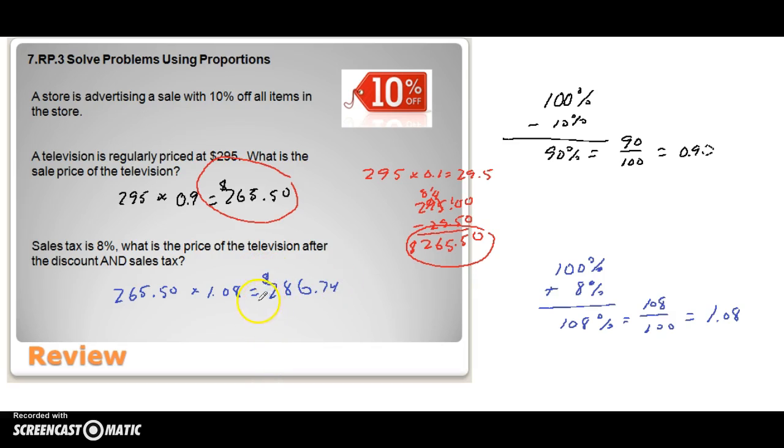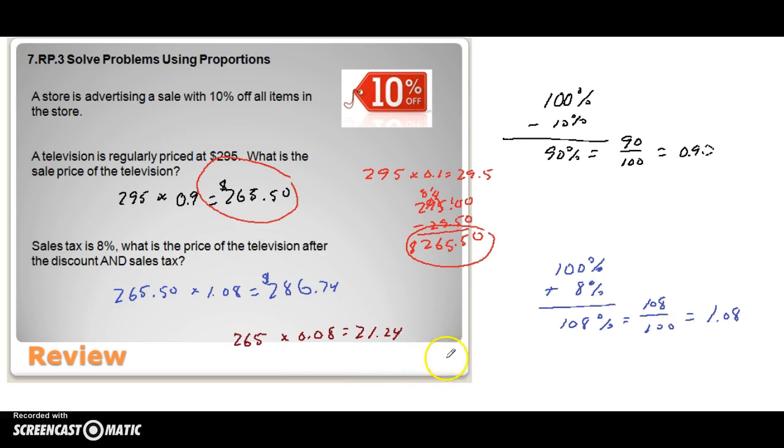So I could also do like I did last time. I could find 8% and then add it to the original total. So 265.50 times 0.08, I got 21.24.